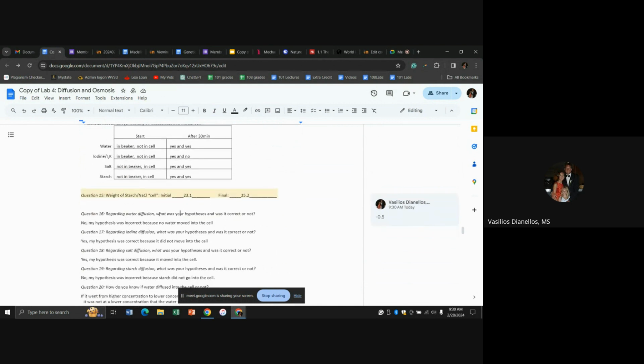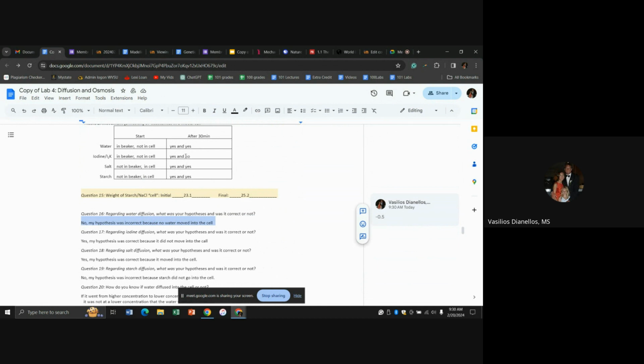Anyway, regarding the water diffusion, what was your hypothesis? Was it correct? My hypothesis was not correct because no water moved into the cell. Well, that's incorrect. You said right here that the water did move into the cell, right? So based on your own data right here, water did move into the cell. Additionally, we can see here that it gained weight. Yet you also say that stuff left the cell, right?